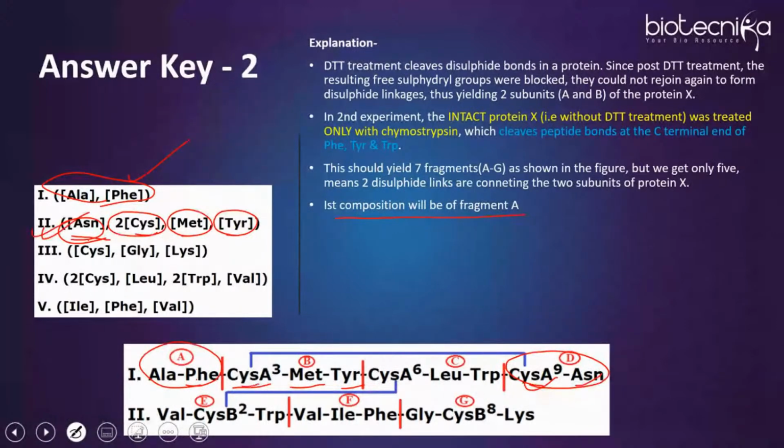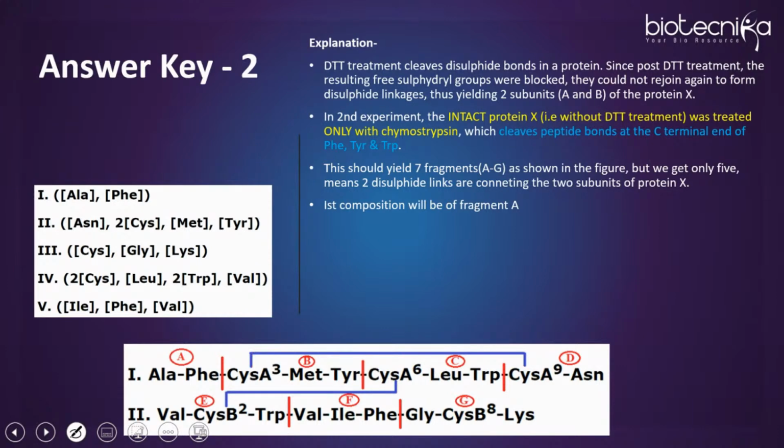That is 2 cysteines, cysteine A3 and cysteine A9. A3 means in polypeptide chain A the third cysteine, and A9 means in polypeptide chain A the ninth residue. So that means these two cysteines must be linked together, which was broken in the previous experiment with DTT. That's why you got them separated. DTT doesn't break the backbone, but at least they were joined together, which got broken off.